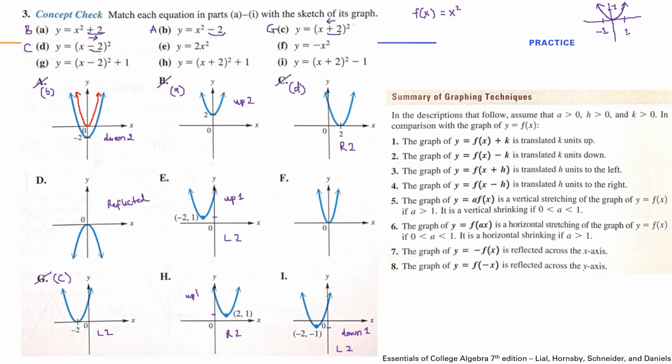So for example, in graph A, we move the red down 2 units. So for B, we move the red up 2 units. Like C, we move the red 2 units to the right. Just like that. Similarly for the rest.